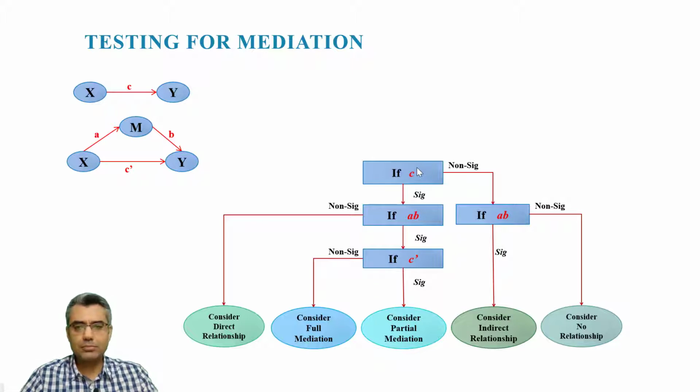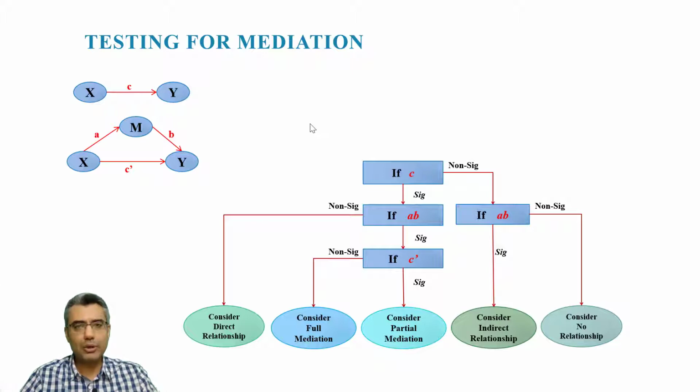And there are other options. For example, if C is significant and then the indirect effect is not significant, then we just say that we have a direct relationship between X and Y. There is no mediation, right?